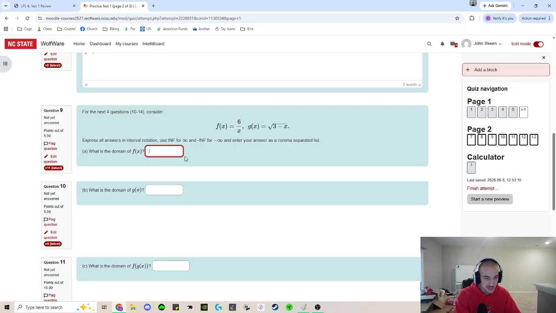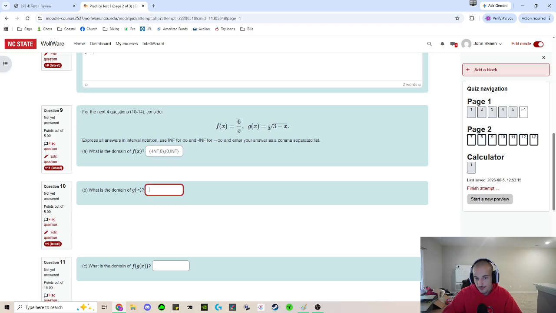So it's going to be negative infinity to 0. 0 is not included because you can't divide by 0, and infinity is not a number, so there's always parentheses. There's never a bracket on infinity. And then we've got 0 to infinity. So this is the whole real line except for 0. We've just excised 0 here, because they're both open parentheses.